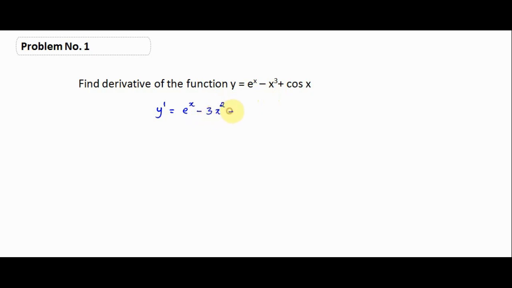Then plus we have cos x here, derivative of cos x is minus sin x. Okay, so here the derivative of the function y dash or dy by dx is equal to e raised to x minus 3x square minus sin x. Okay, so this is the answer.